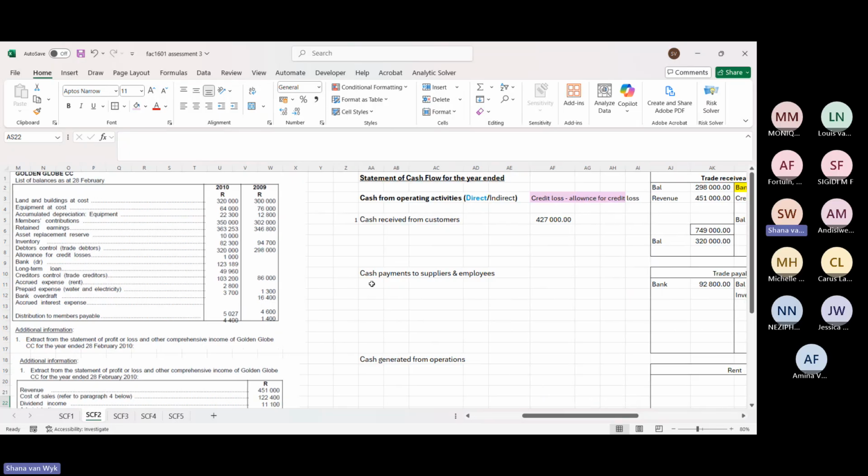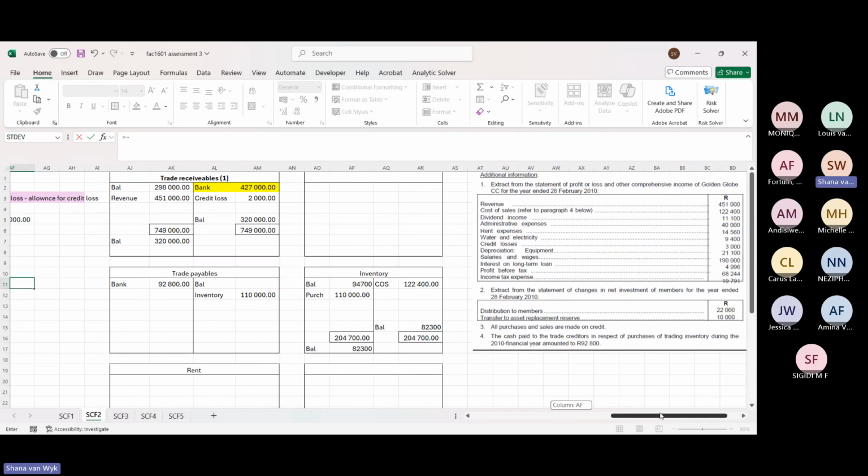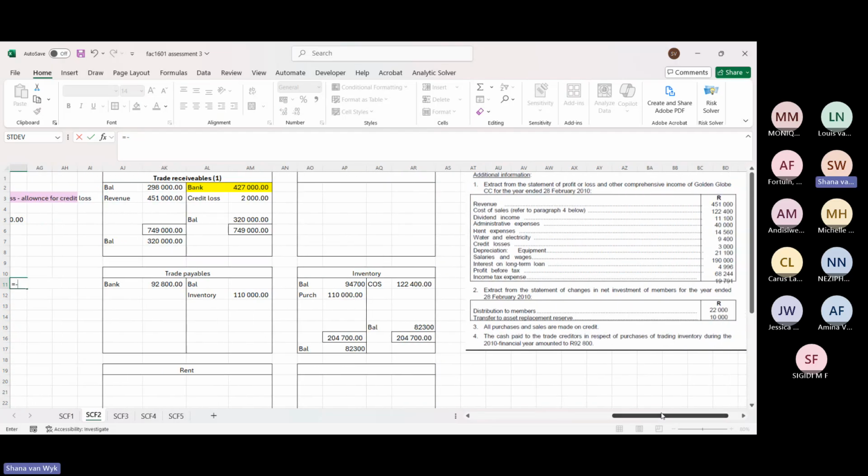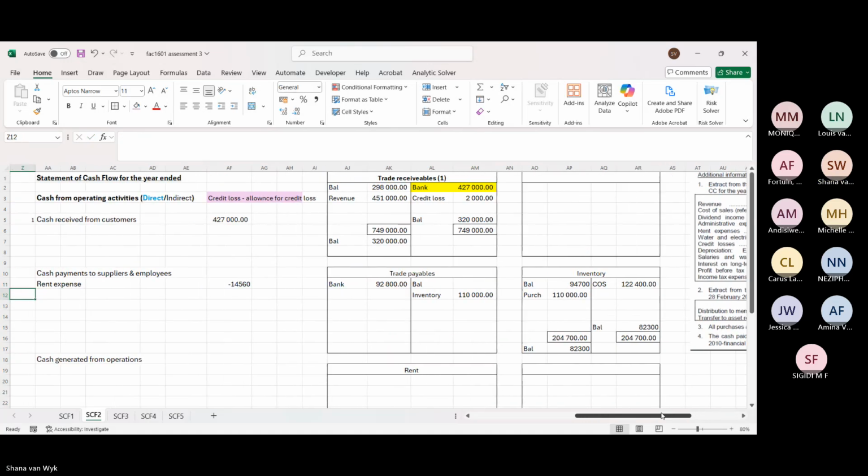So cash payments, how do I word this? I'm going to say rent expense. Since we paid it, it's going to be an outflow of money, and the rent expense is 14,560. I'm not sure.